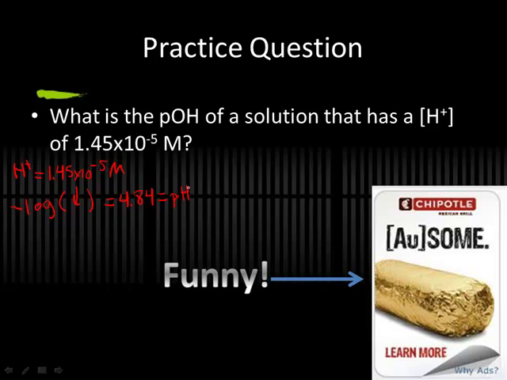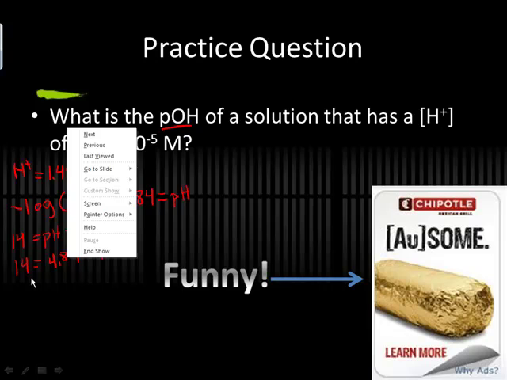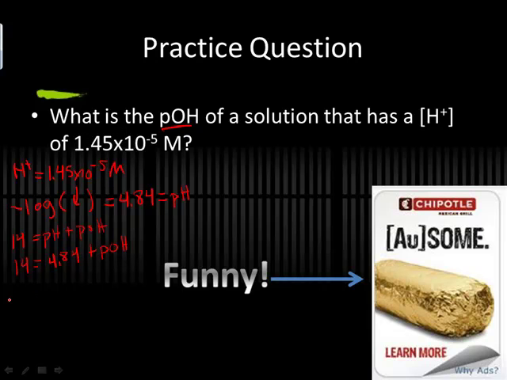But we don't want pH, we want pOH. So we also know that 14 equals our pH plus our pOH. So 14 equals 4.84 for pH plus pOH. Get pOH by itself, we subtract 4.84 from each side.